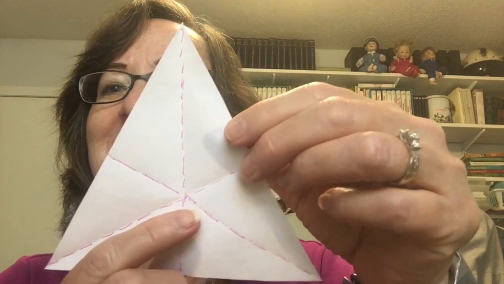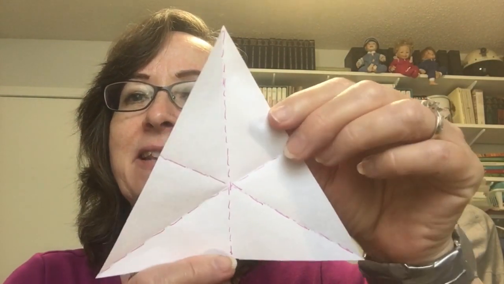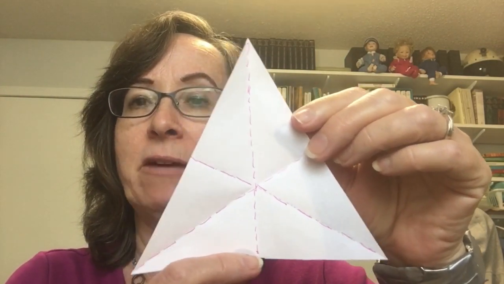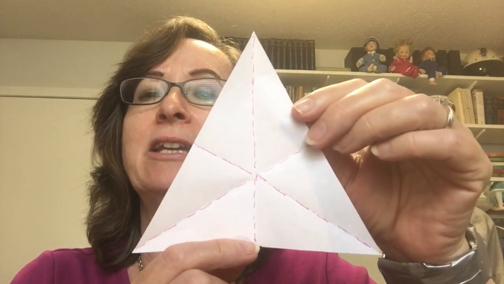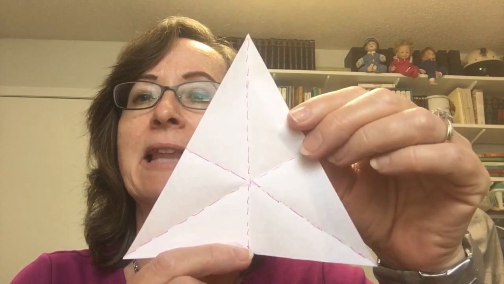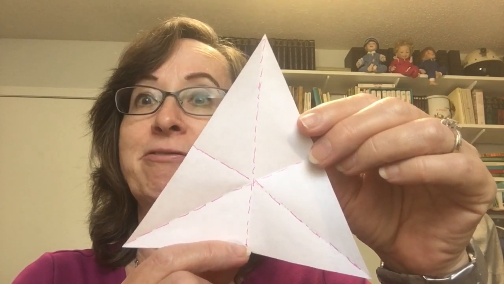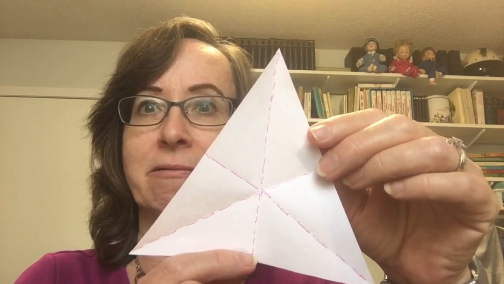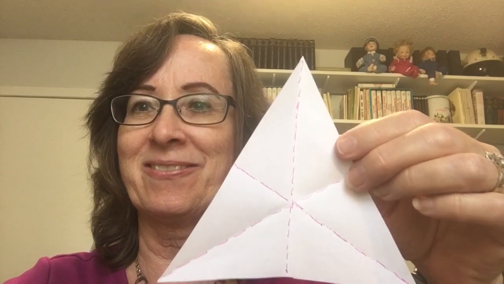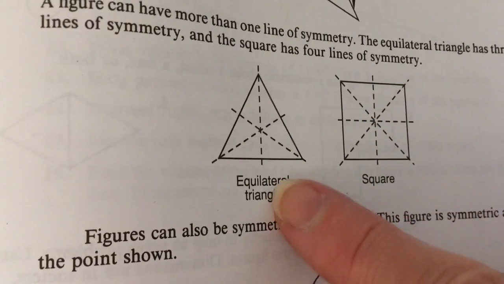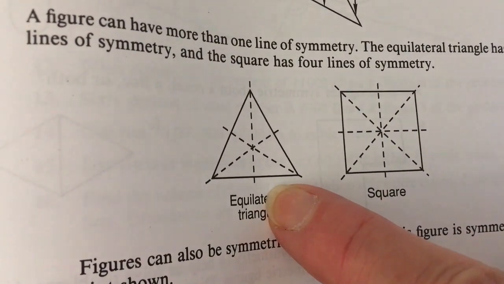So now I'll draw the little dashed lines, and the lines intersect right in the center of this equilateral triangle, and you can see all 3 lines running through it. It folds exactly on 3 lines of symmetry. So our figure looks exactly like this.